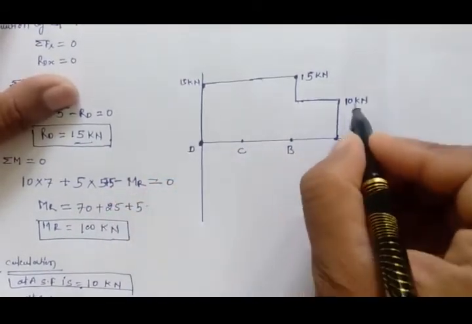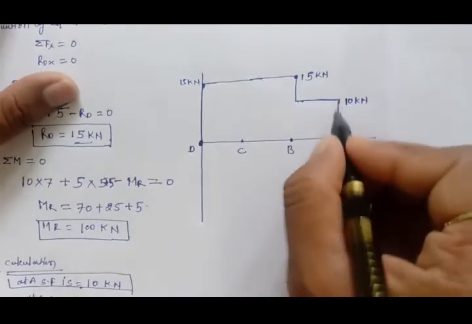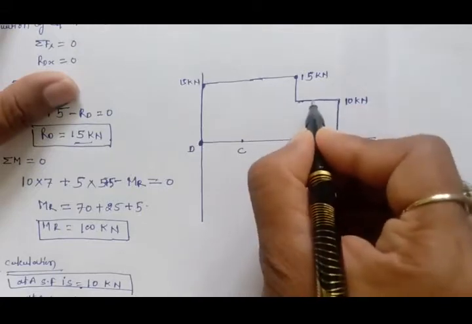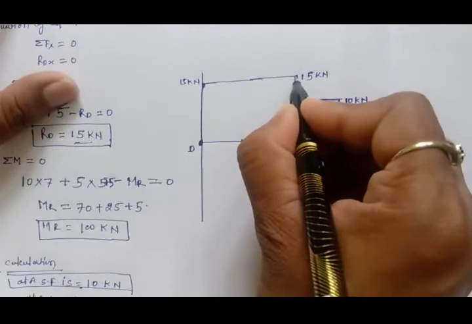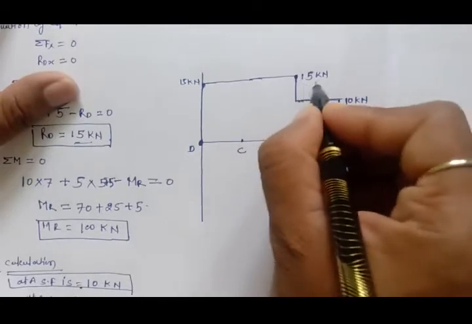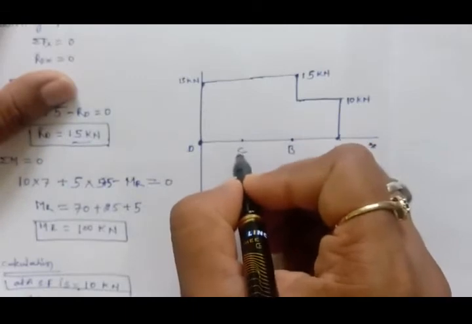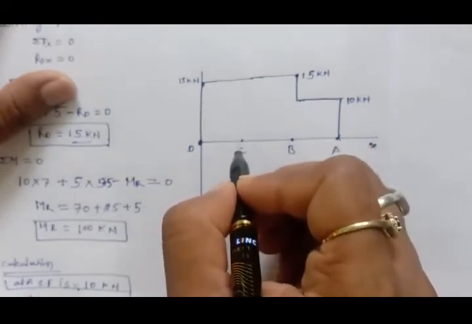At A it's 10 kilonewton because of this point load, so a vertical line will be there. Then from A to B there is no force, so a constant 10 kilonewton will be there. Then at B it's 15 kilonewton positive, so it will go up to positive 15 kilonewton. Then at point C, only the couple is there, which we are not considering to draw the shear force diagram, only the vertical force we consider.